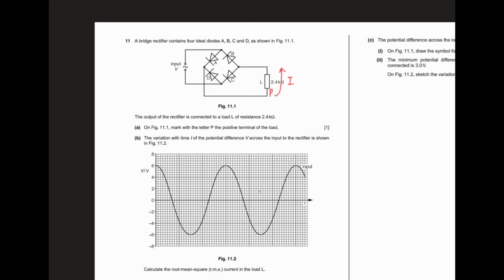The variation with time t of the potential difference V across the input to the rectifier is shown in figure 11.2.